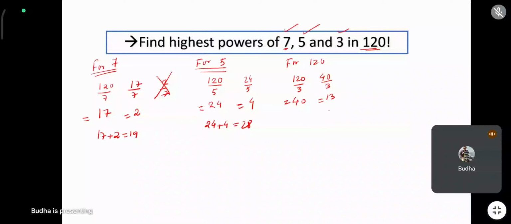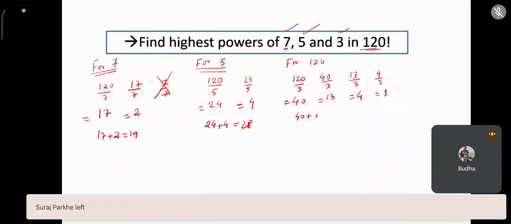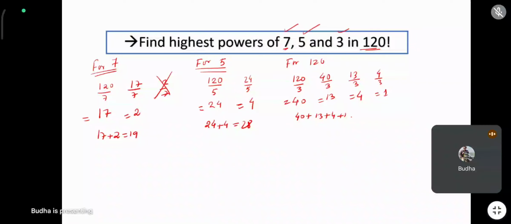We get 13, right? 40 plus 13 हो गया. 13 को फिर से डिवाइड कर सकते हैं, 4. तो 4 को फिर से डिवाइड कर सकते हैं, 1. Yes, 58. Plus 13 plus 4 plus 1, 58.